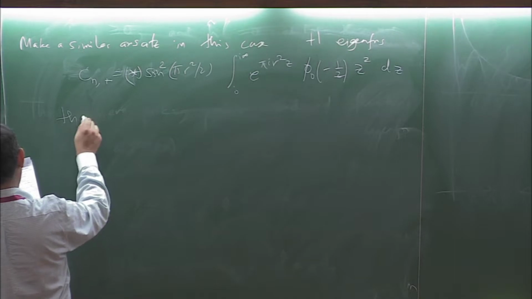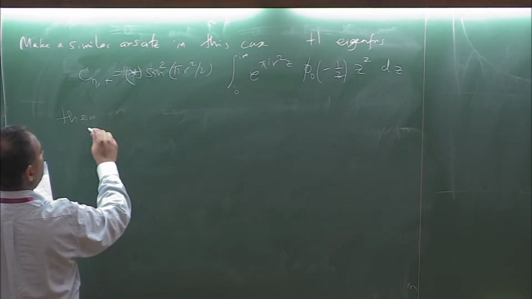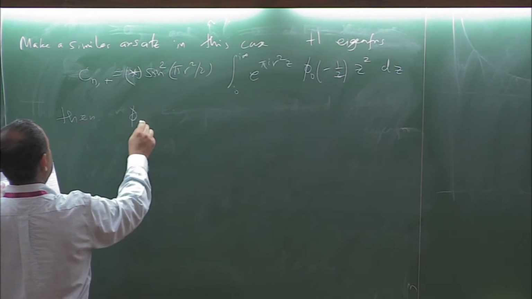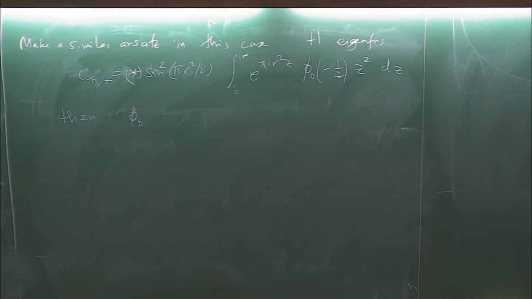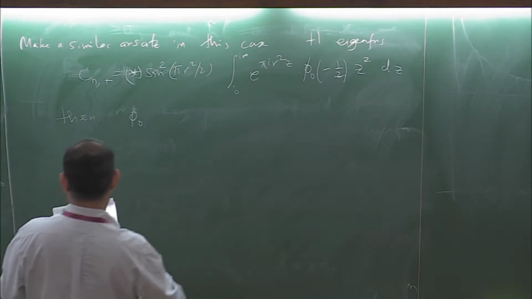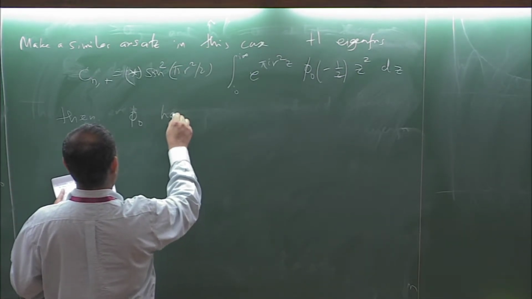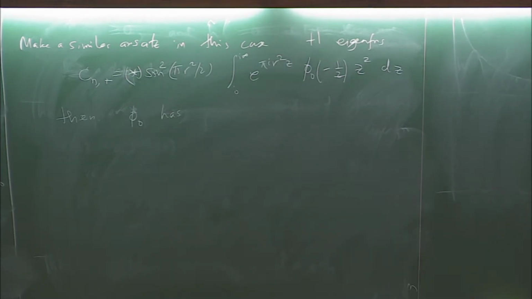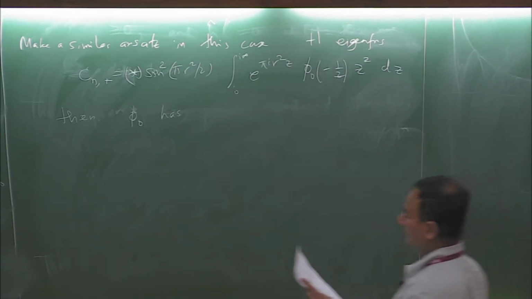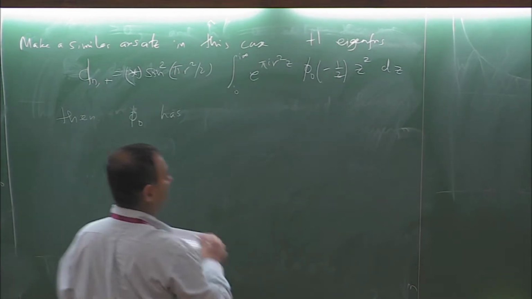Then it turns out that what you need is that phi 0 has, make sure this is correct. Oh yeah, sorry. I think I want d n. Let's do the values first.